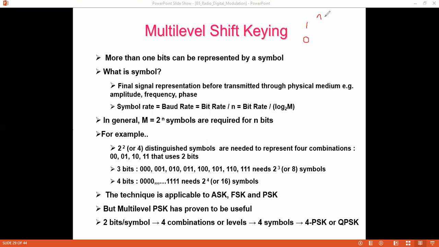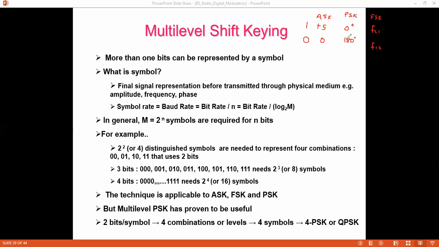For ASK, for instance, we can represent bit 1 with maybe 5 volt and bit 0, 0 volt. With PSK, we can represent bit 1 with 0 degree, and for bit 0, 180 degree. And finally for FSK, let's say for this one we give one frequency, FC1, and this one FC2.